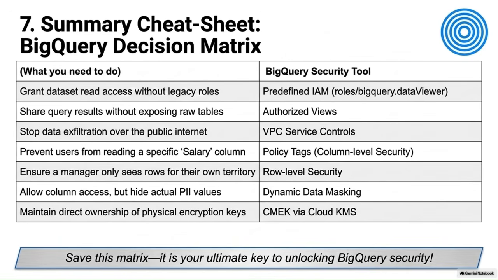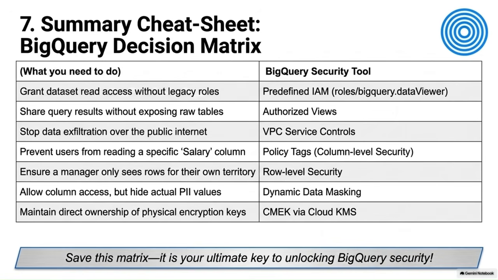So if you want to grant reader access without legacy roles, which is complete viewer access on a project, then you can use one security tool, which is BigQuery data viewer, which is a newer role, not a legacy role. If you want to share query results, the best way is authorized views.